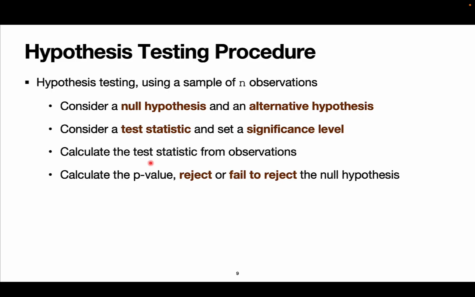Calculating the test statistic from the observations is a straightforward step using a formula. And finally, we calculate the p-value, then use the outcome to either reject or fail to reject the null hypothesis.